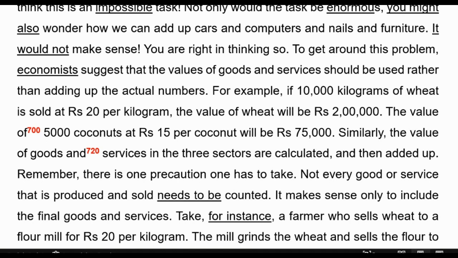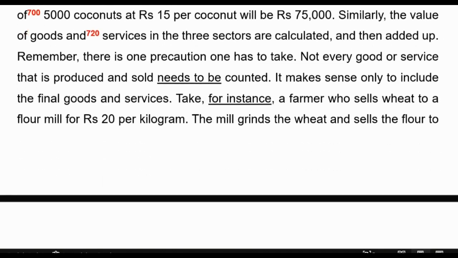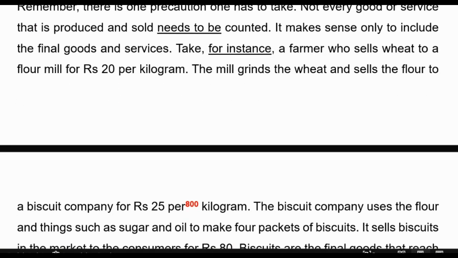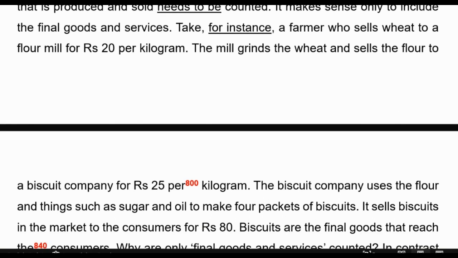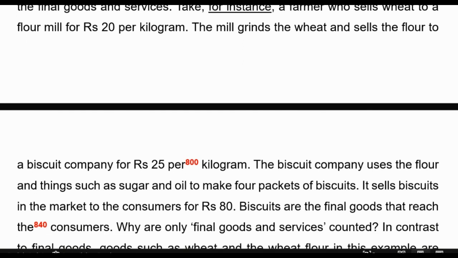The mill grinds the wheat and sells the flour to a biscuit company for rupees 25 per kilogram. The biscuit company uses the flour and things such as sugar and oil to make 4 packets of biscuits. It sells biscuits in the market to the consumers for rupees 80. Biscuits are the final goods that reach the consumers.